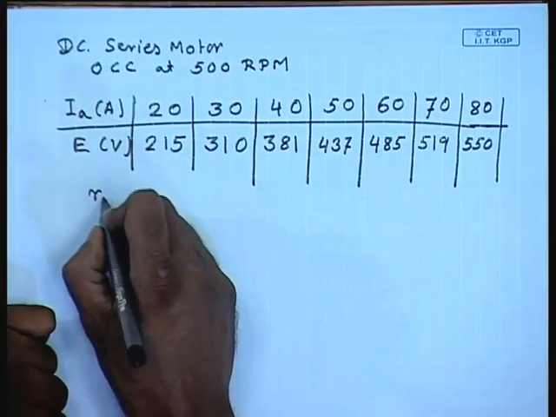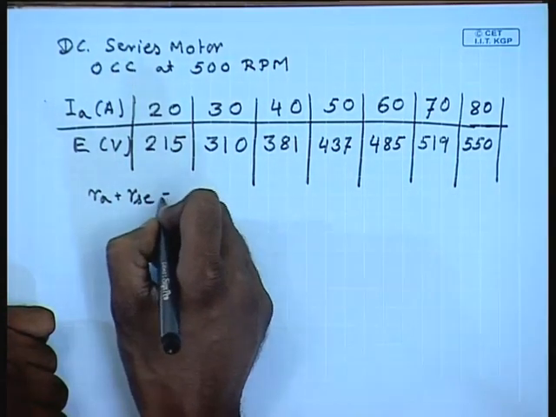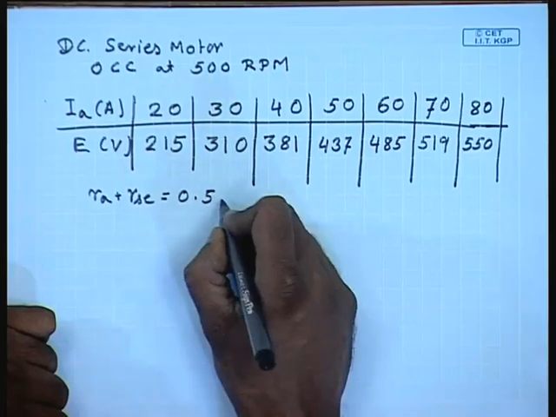Now, R a plus R a c for this machine equal to 0.5 ohm.